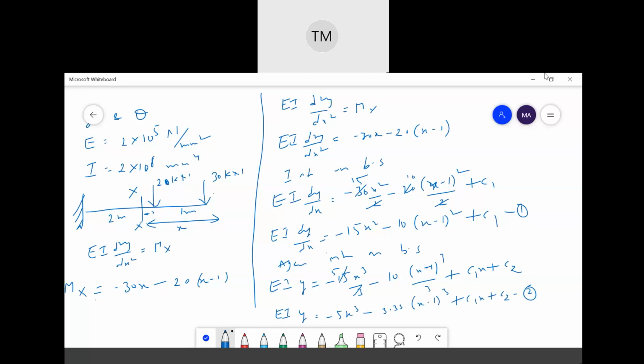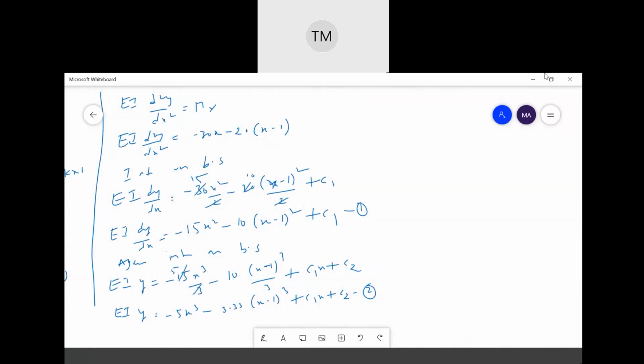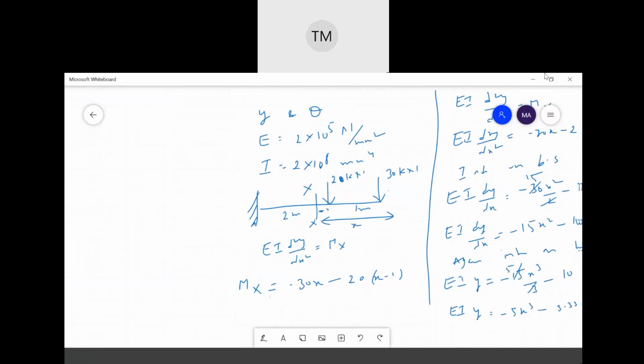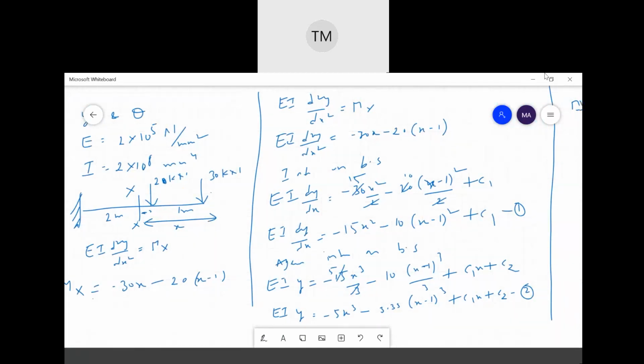There is a single load there, here you are considering multiple loads. Then what you are doing is you are applying the boundary conditions to calculate the values of this C1 and C2. What are the boundary conditions he will apply? I have told you, whenever the fixed support is acting, what are the boundary conditions he will apply? When you see the diagram here, the x value is 0, here x value is 1, here x value is 3.